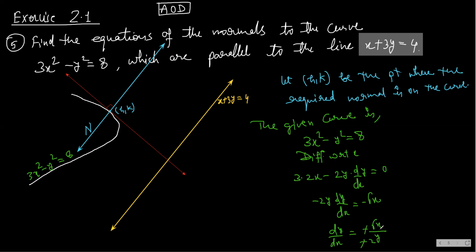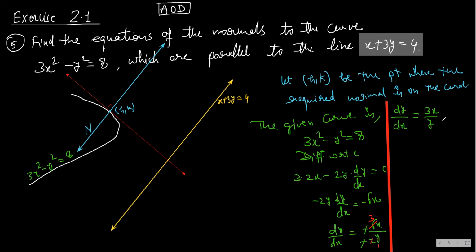This minus and minus is gone. 2 3s are 6, 2 1s are 2. So I get dy by dx equals 3x upon y.